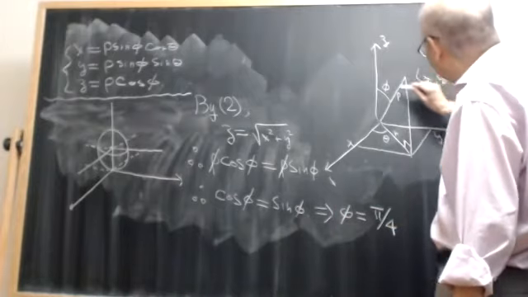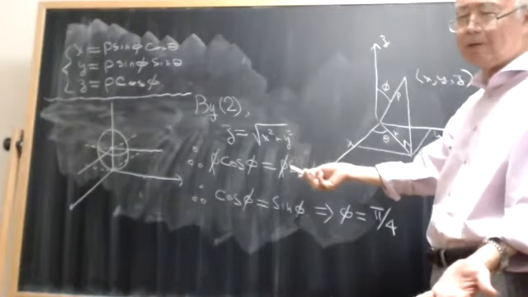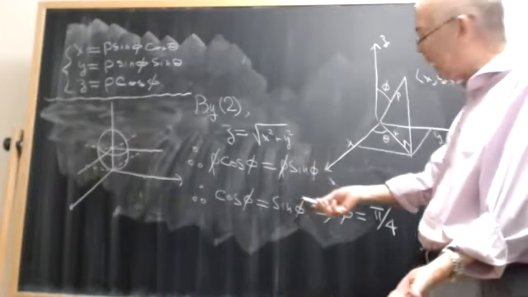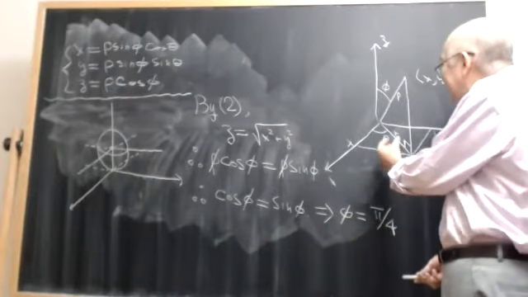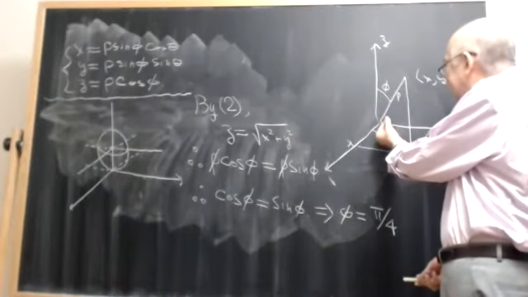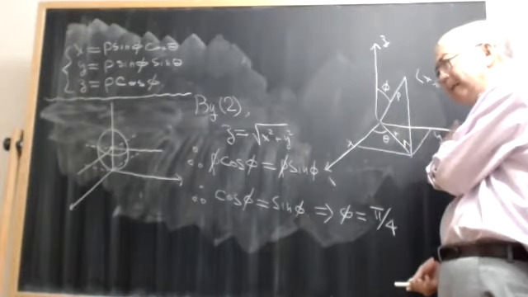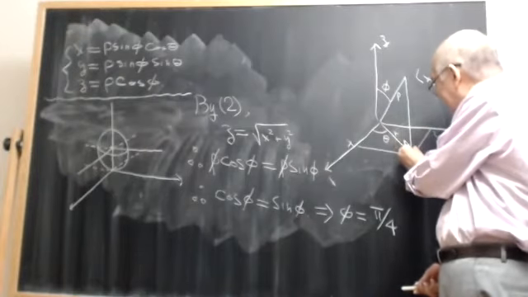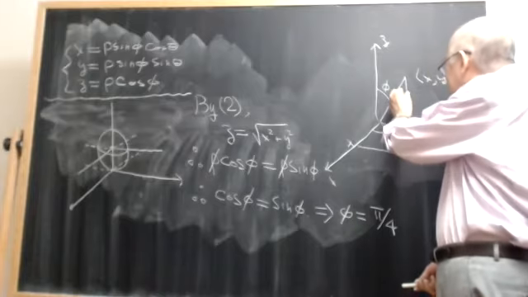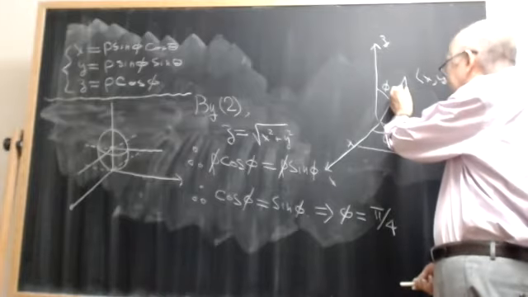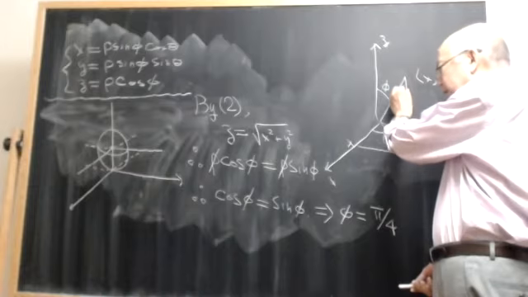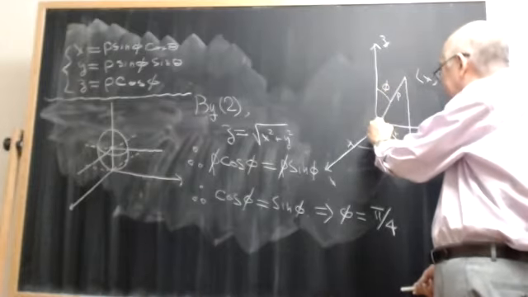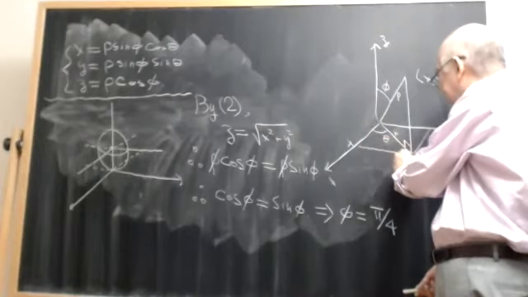It doesn't look like a right angle triangle in a two-dimensional plane, but you need to think of this triangle as coming out of the board. And then you have a right angle here. This is the angle phi by alternate angles. This is the hypotenuse. This is the opposite side.